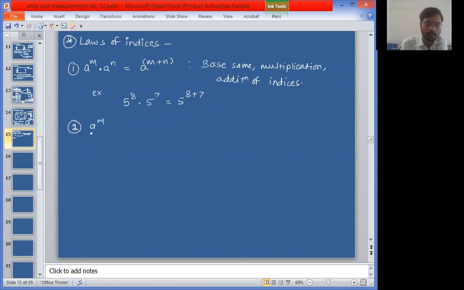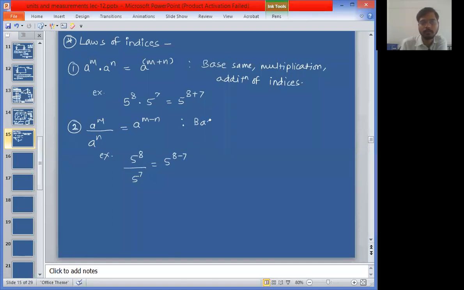Next is a raised to m divided by a raised to n is equal to a raised to m minus n. Example, 5 raised to 8 divided by 5 raised to 7 is equal to 5 raised to 8 minus 7.